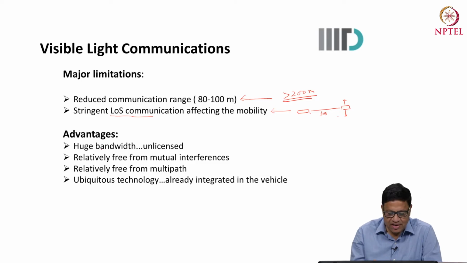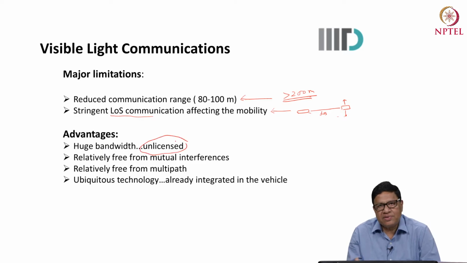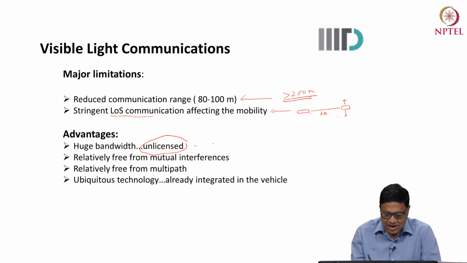The advantages are the huge bandwidth, in the sense that it's light, and it is unlicensed. Unlike RF solutions or LTE or millimeter wave in future, which require licensed spectrum, that part of the spectrum is regulated and one has to pay for it, whereas in light it is unlicensed.